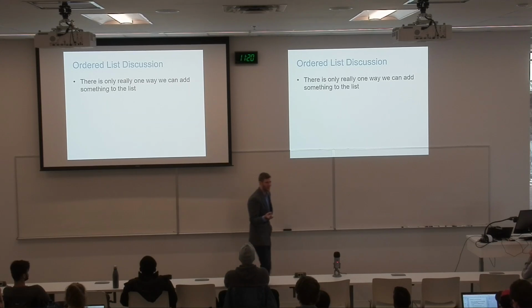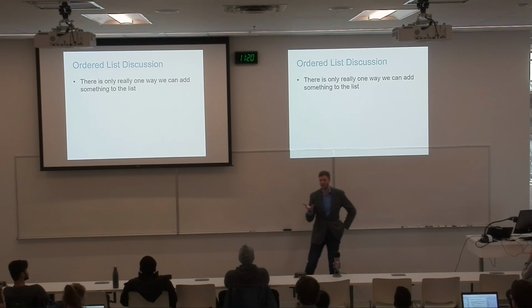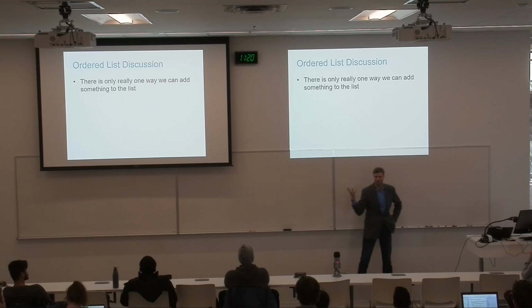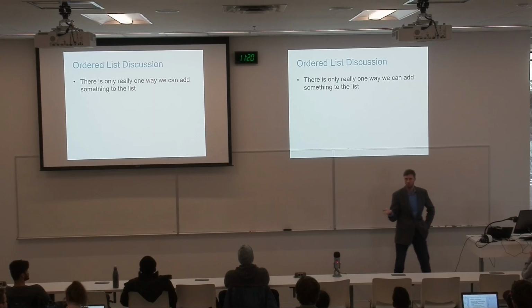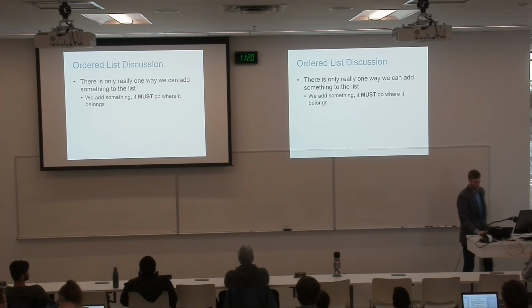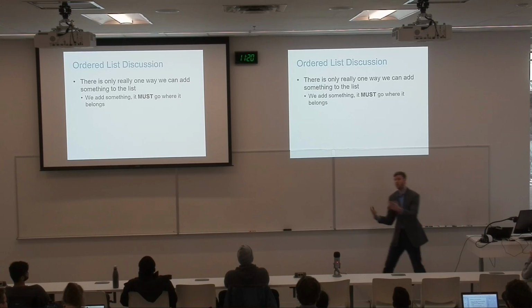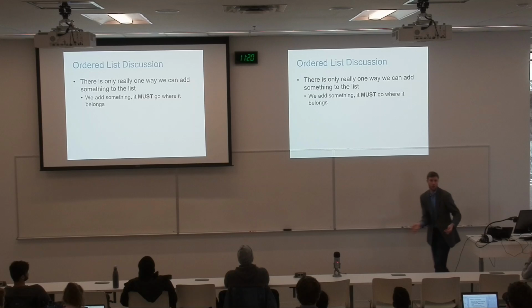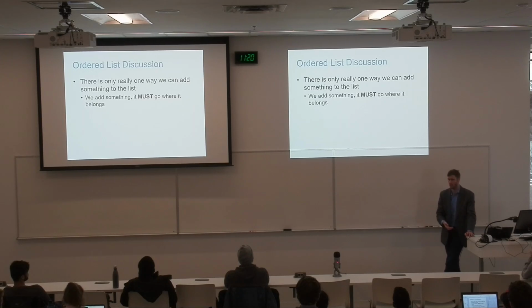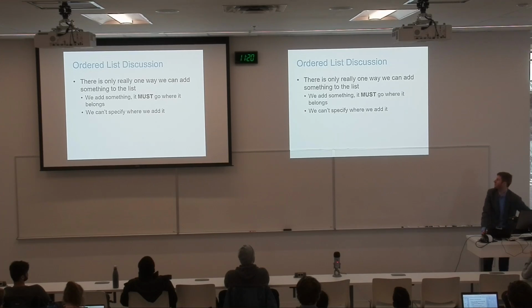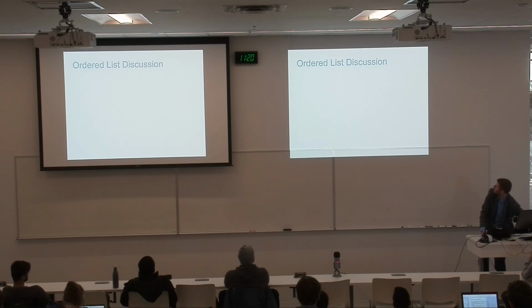No. We need to add it where it belongs to preserve the property that this is an ordered list. So we add something, it must go where it belongs. That's the rule of the ordered list. If you don't follow that rule, then it's not an ordered list, which is fine if you don't want an ordered list. But if you want one, we need to make sure it's an ordered list. So we can't specify where we add it. Can't just add it to the end, front, whatever.